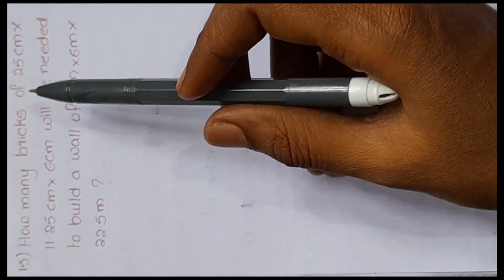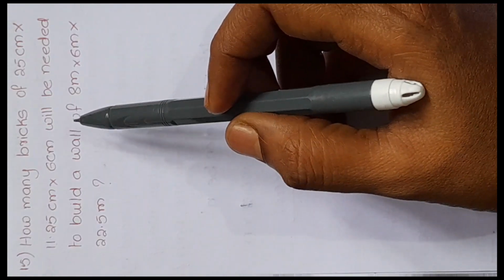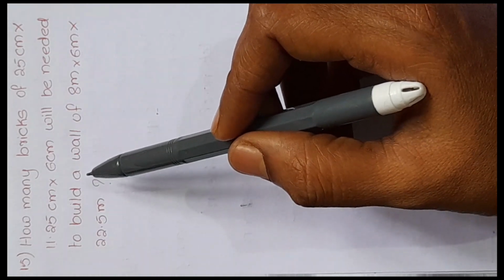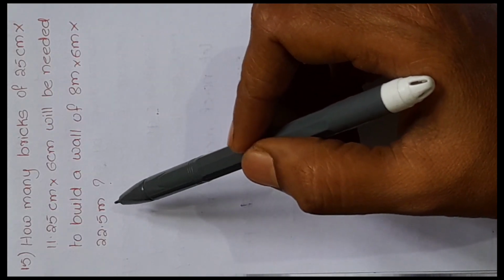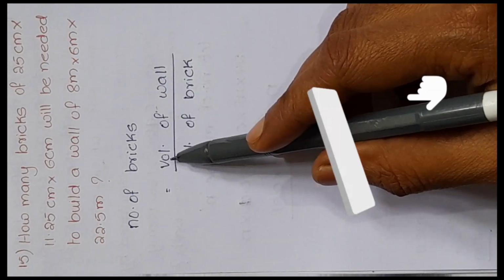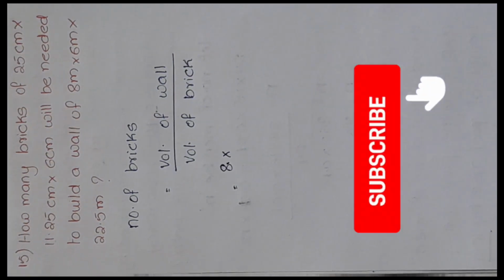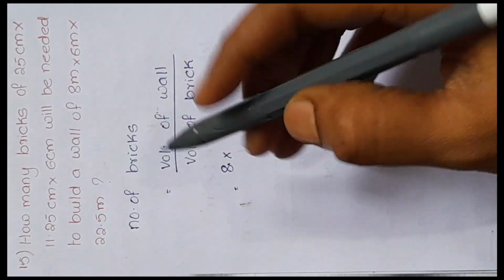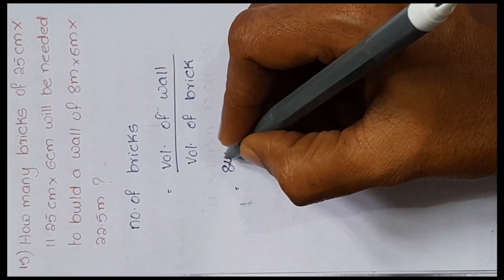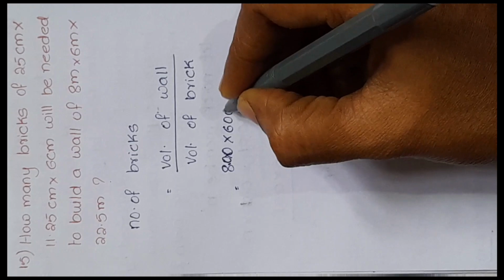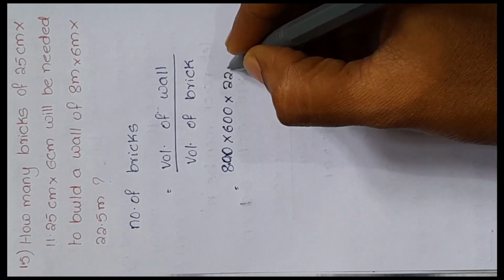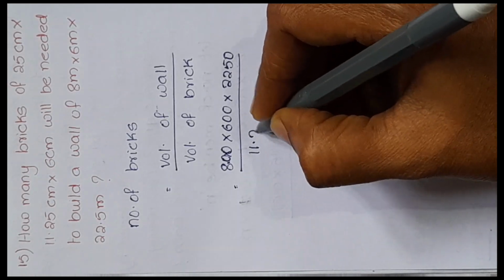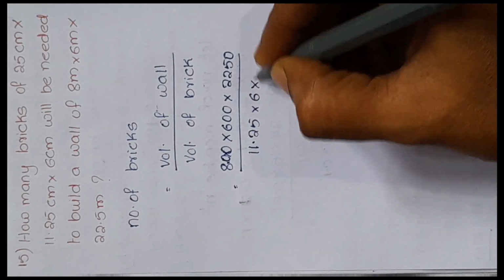Question number 15. How many bricks of 25 centimeters into 11.25 centimeters into 6 centimeters will be needed to build a wall of 8 meters into 6 meters into 22.5 meters? Number of bricks is equal to volume of wall by volume of the brick. As the dimensions of the wall are in meters and the dimensions of the brick are in centimeters, converting the 8 meters to 800 centimeters into 600 centimeters into 2250 centimeters by 11.25 into 6 into 25.